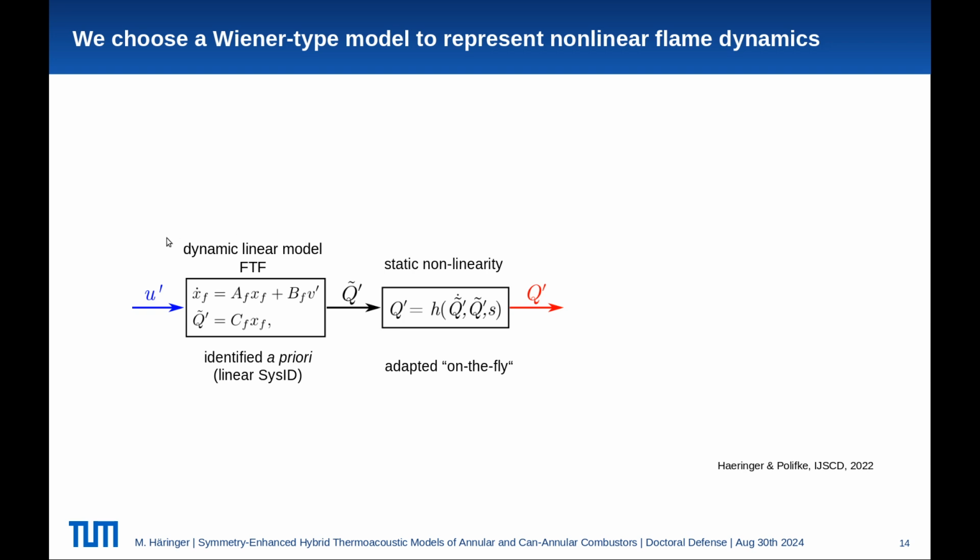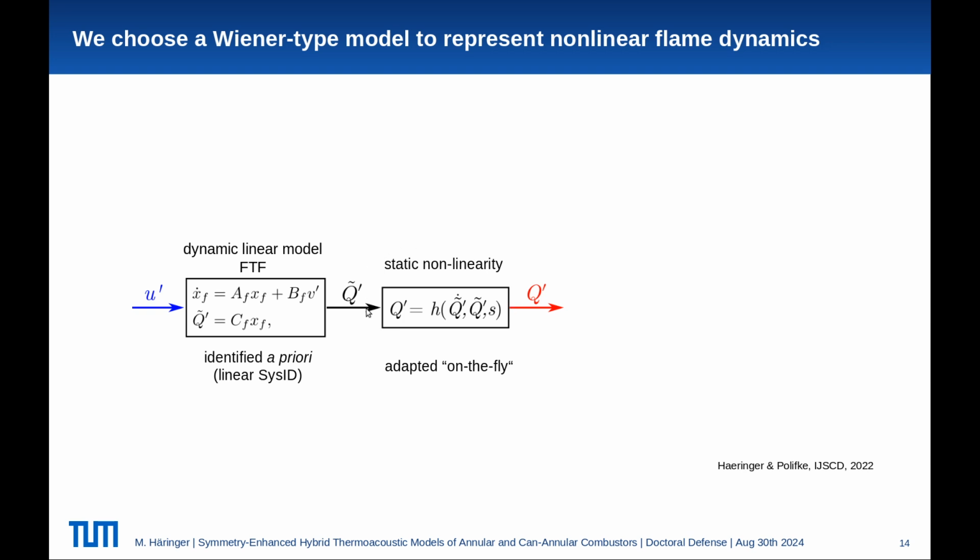In this case, we have a dynamic linear model, which is in our case a flame transfer function. This has to be identified a priori, so before running the self-excited system, by linear system identification techniques. And we have a static nonlinearity that corrects the output of the linear dynamic model.